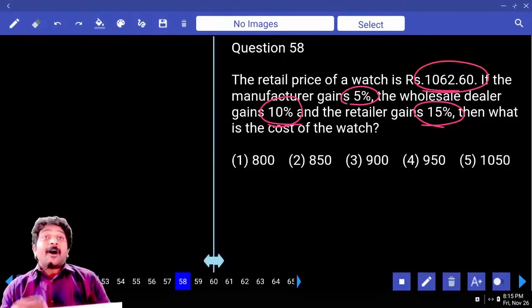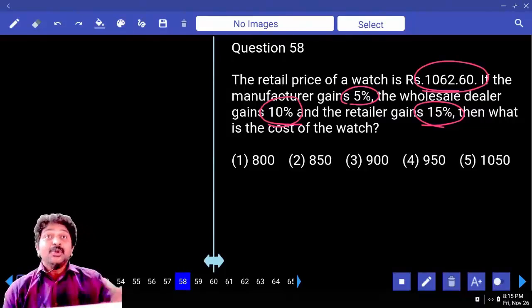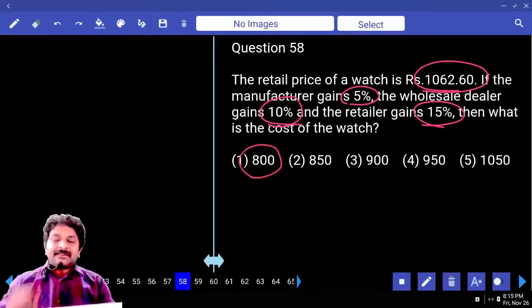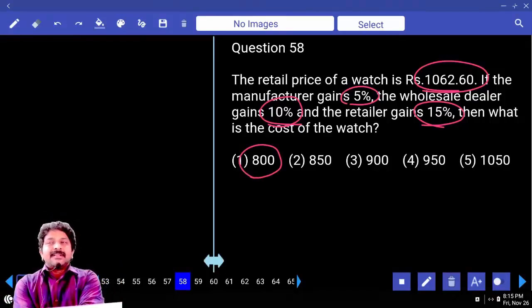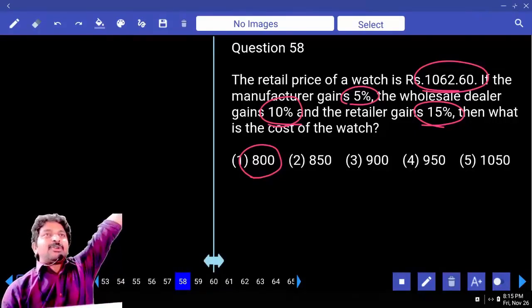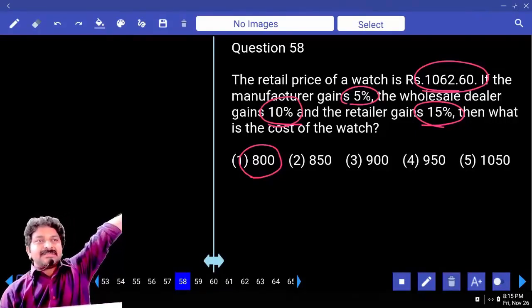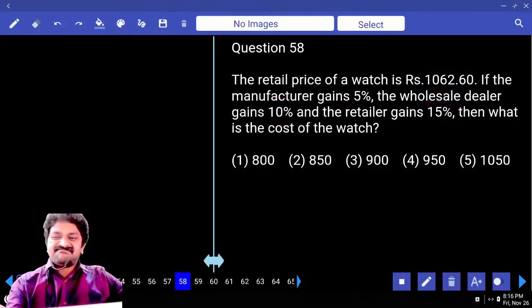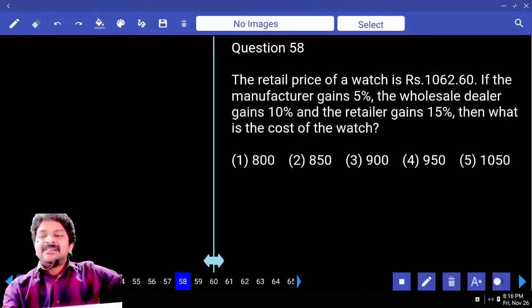So let me identify the answer through options. What is 30% of this number? First option, what is 30% of 800? 240.